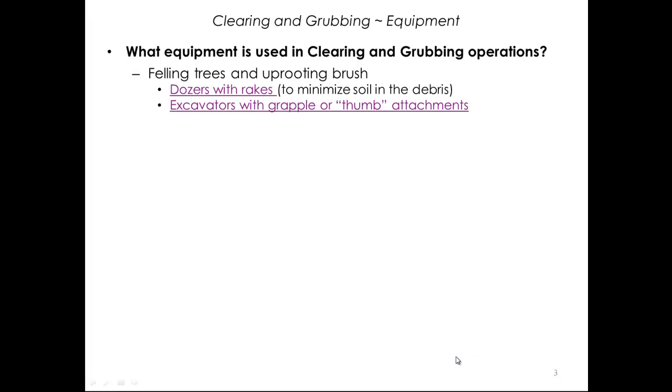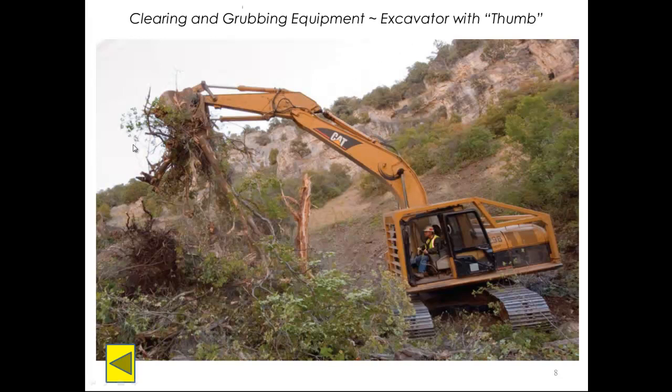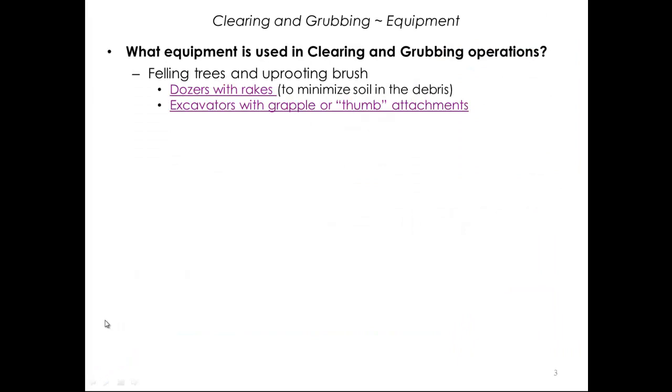Another common tool is an excavator with a grappling type attachment. With this thumb or grapple attachment, debris can be picked up and stacked where a dozer could only push it. Our third type of machine is a loader with a rake.